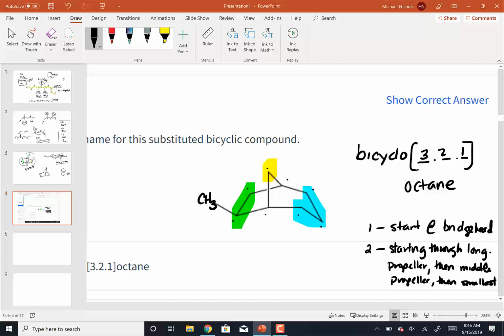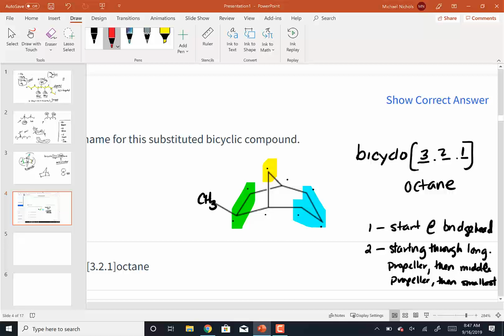So what's my goal? My goal is to give, in this case, the methyl group the lowest number. If I have two substituents, my goal is to give the first alphabetized substituent the lowest number. So how am I going to give the methyl the lowest number?